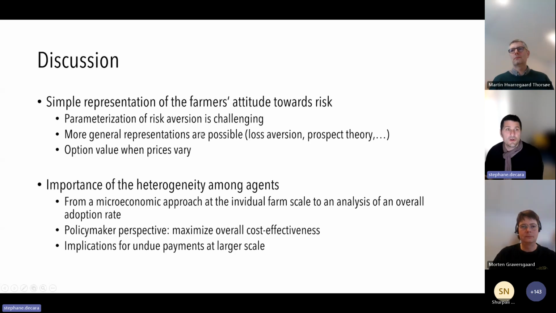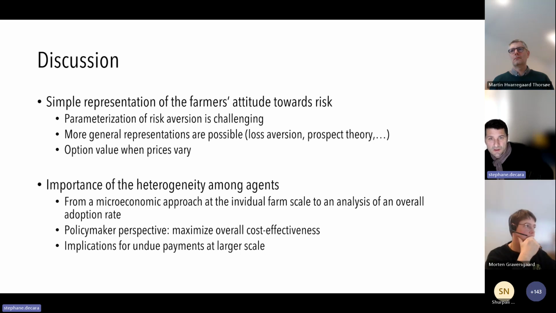And I just want to finish with two points of discussion. Of course, the model here is very stylized, very simple. It's a simple representation, especially of the farmer's attitude toward risk. There are challenges regarding the parameterization of risk aversion. That's a whole research field, and it's not easy.